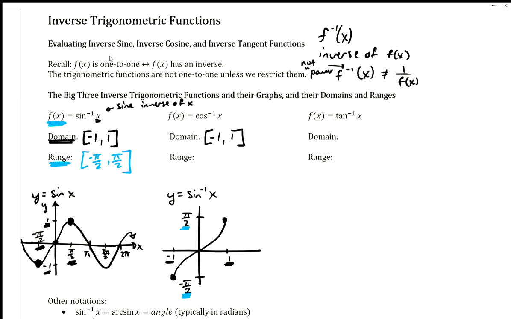Cosine inverse is similar. The domain, anything going into that x, must be between -1 and +1. Its range, though, is a little different. It will be from 0 to pi. What this means is when we plug something into the cosine inverse, our answer should always be between 0 and pi.